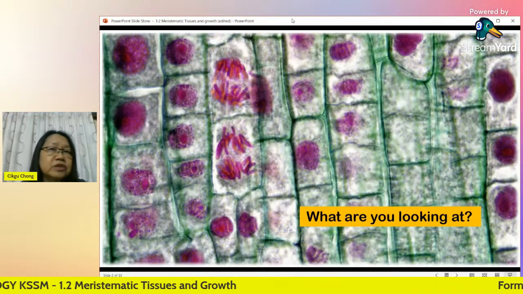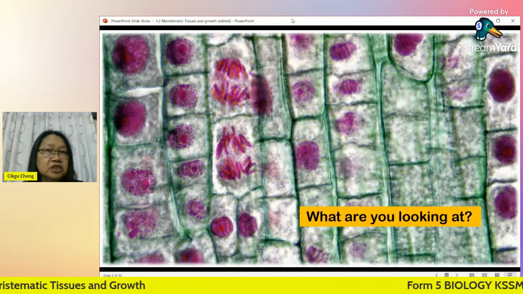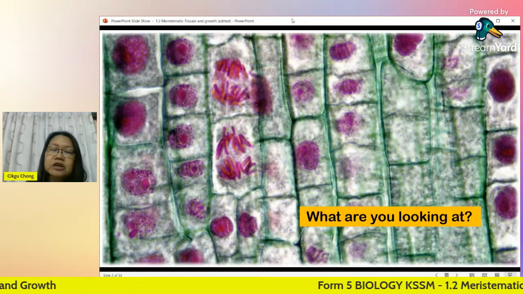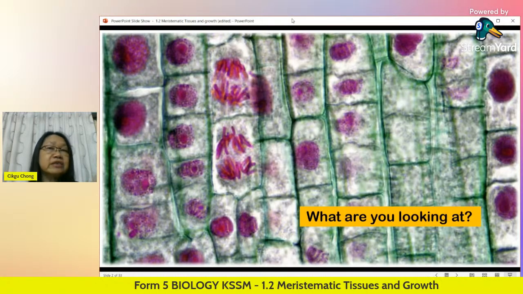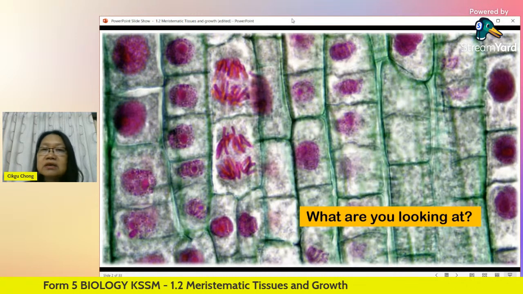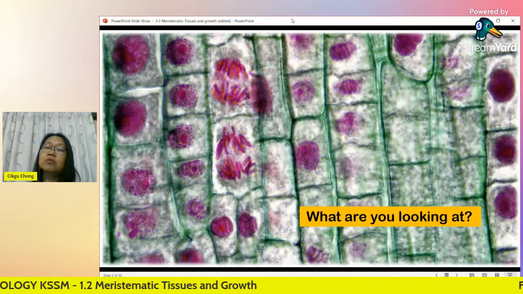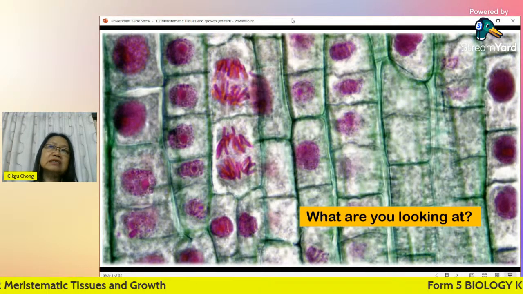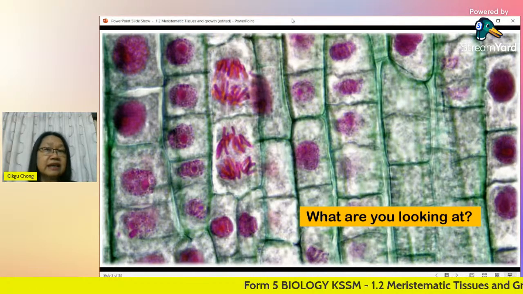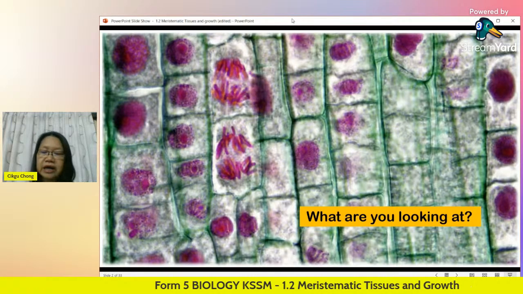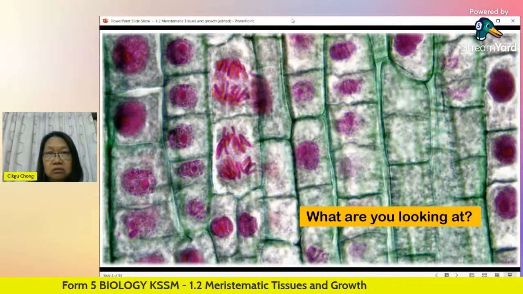The function of meristematic tissues is to divide, and when they divide, they produce more cells. When more cells are produced, the plant increases in size. It increases in length in terms of the shoots, and the root also becomes longer.